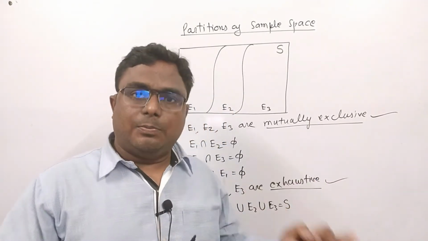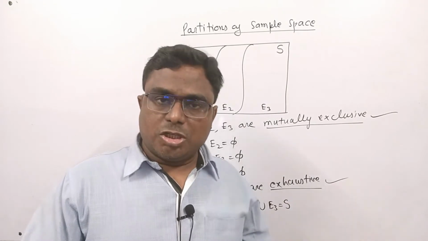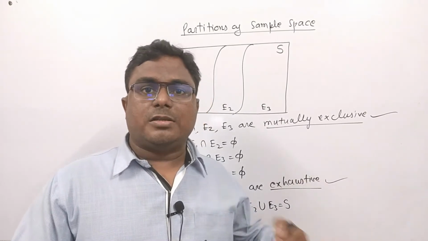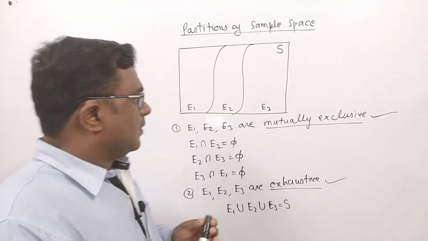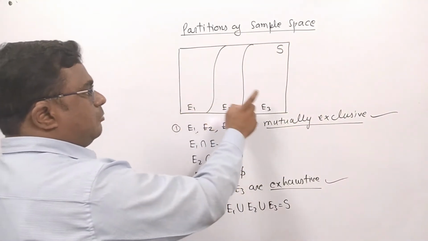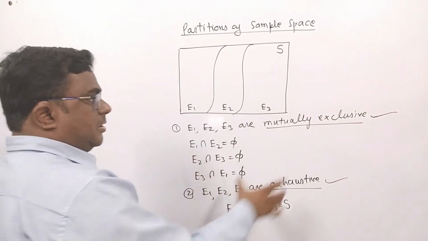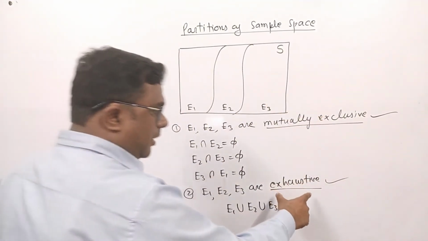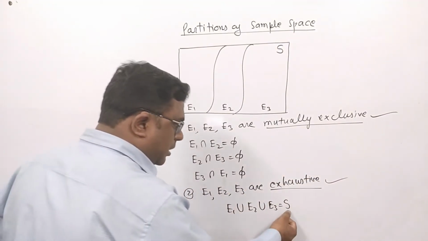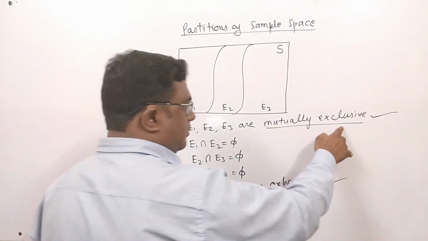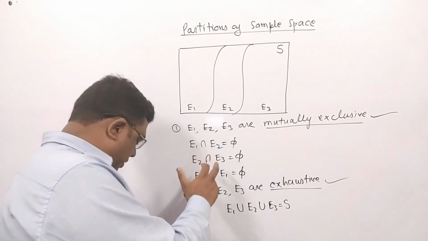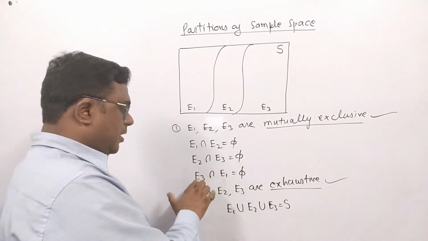I have explained with 3 partitions, but in problems sometimes 2 partitions are required, sometimes 3. Simply, E1, E2, E3 are called partitions if they are mutually exclusive and exhaustive. Exhaustive means the union of all of them is exactly equal to sample space, and exclusive means they have nothing in common pairwise. E1 and E2 have nothing common, E2 and E3 have nothing common, E3 and E1 have nothing in common.